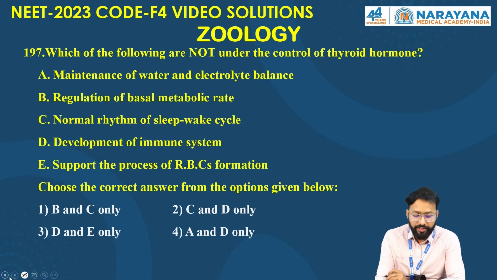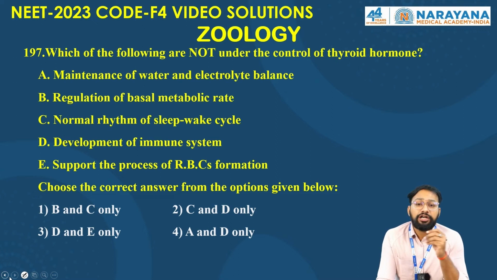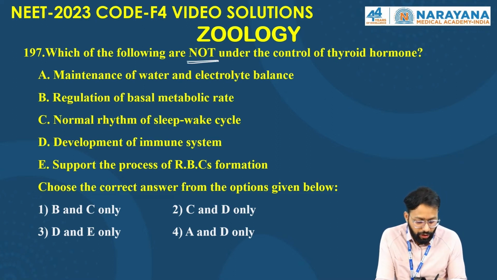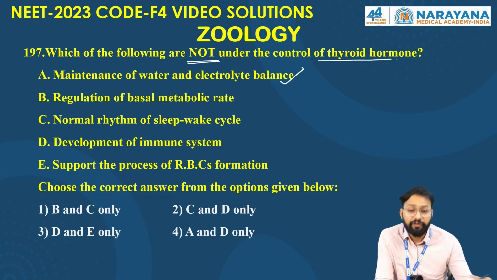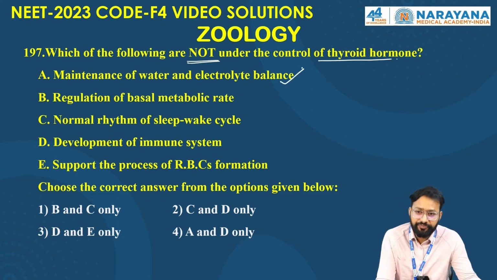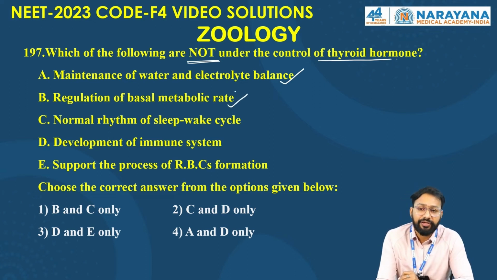Next, question number 197. Which of the following are not under the control of thyroid hormone? Maintenance of water and electrolyte balance is a function of thyroid hormone, thyroxine. Regulation of BMR, basal metabolic rate, is also a function of thyroxine.